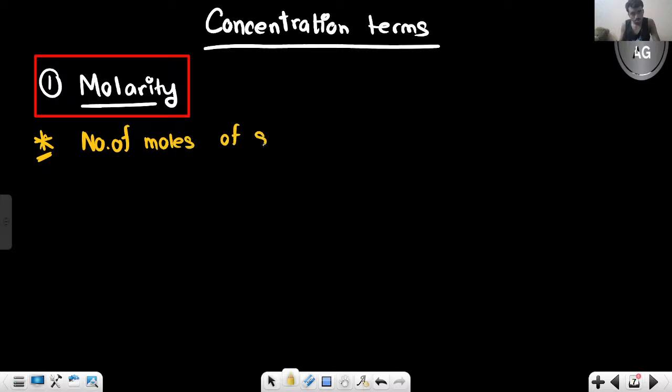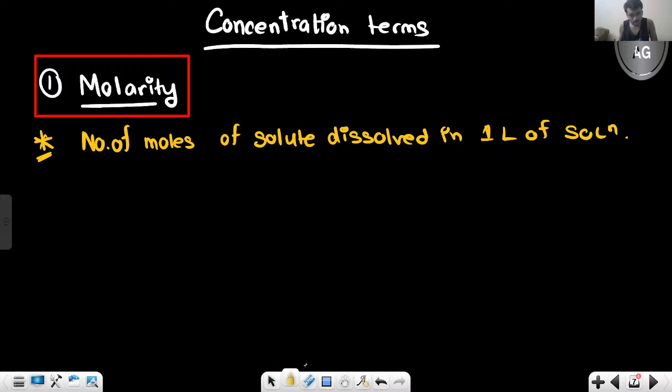Number of moles of solute dissolved in 1 liter of solution. What you said was molality, not molarity.